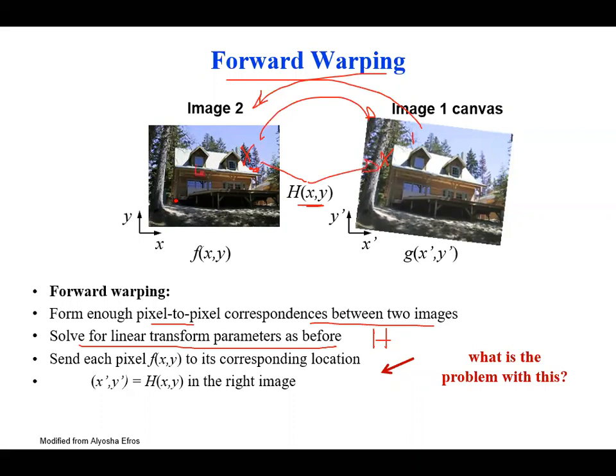Another point here multiplied by H will give me another point here, and so on and so forth. So I need to take the corresponding X's that I got, multiply by H, and get the corresponding point there. Is there any problem with this procedure?